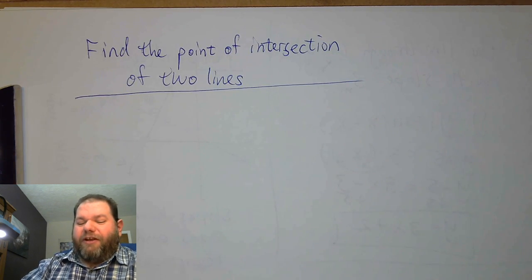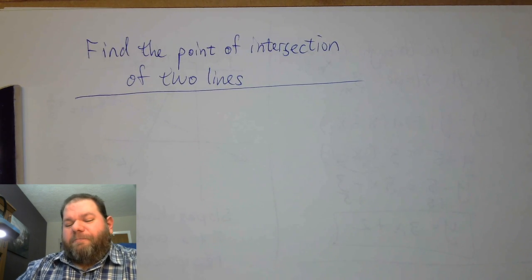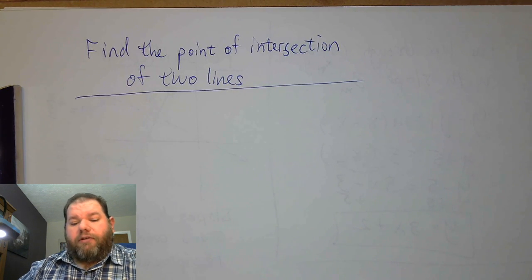So, anyway, we want to be able to find the point of intersection of two lines.